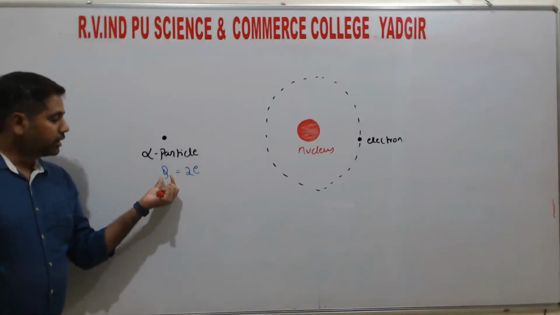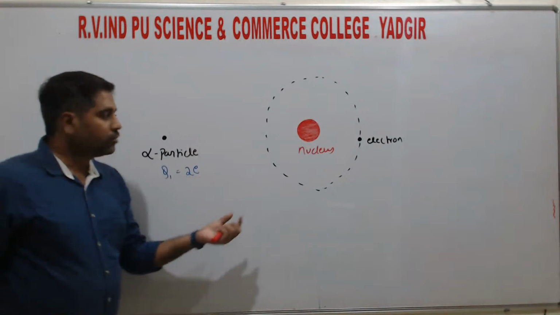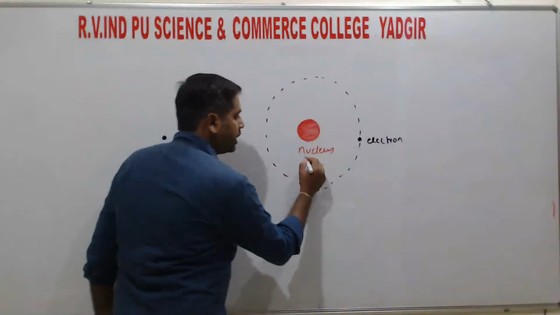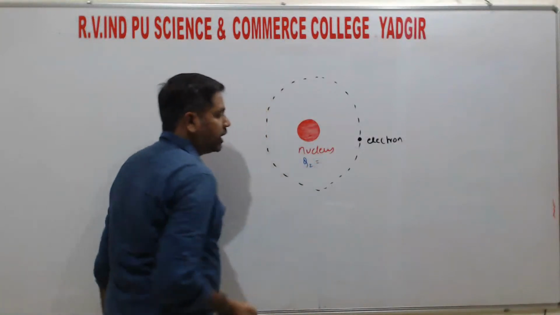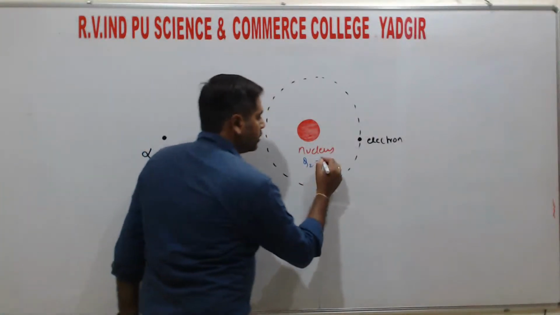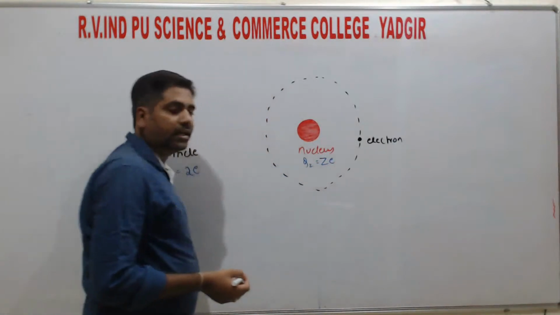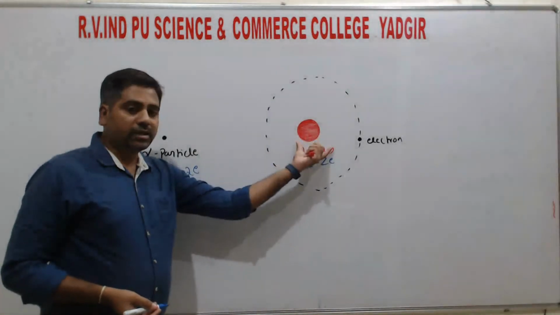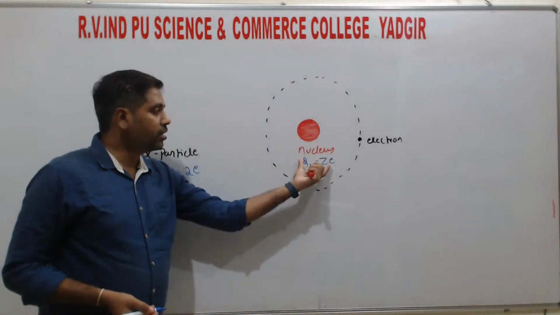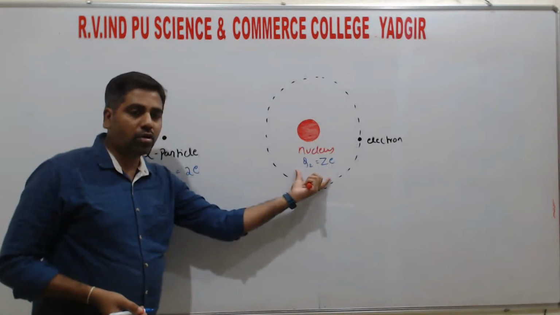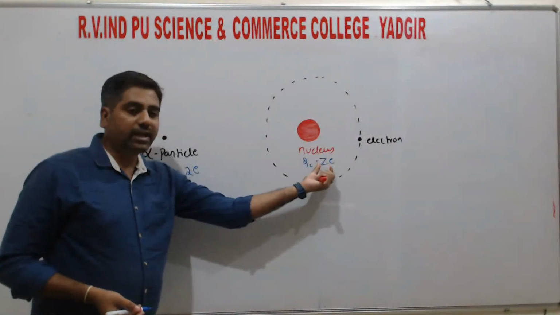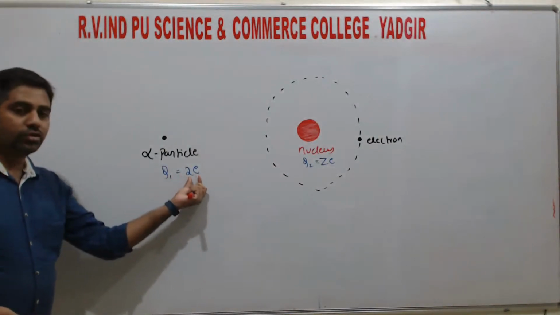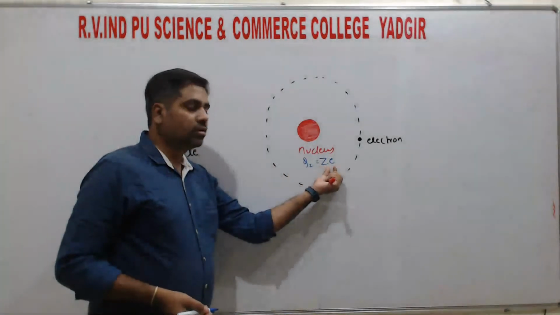Similarly, the nucleus is also positively charged, so we take Q2 equals ZE, where Z is the atomic number of the nucleus of the atom. Here we have taken gold, so the value of Z is 79. So Q1 equals 2E and Q2 equals ZE.